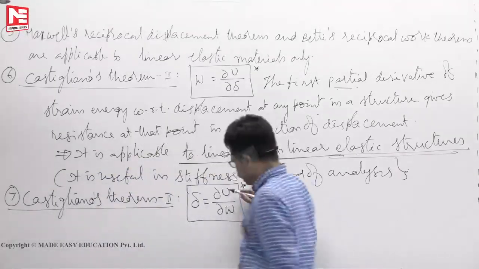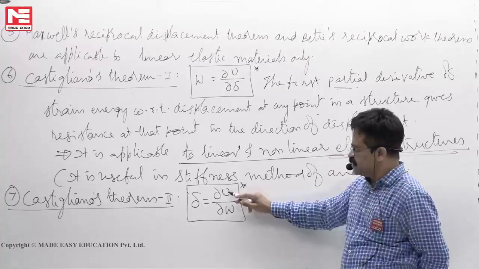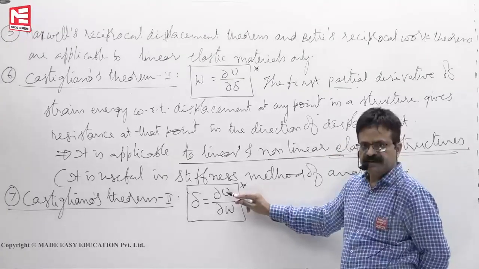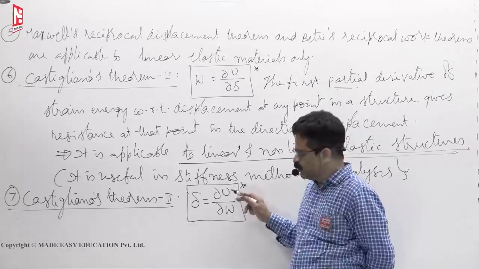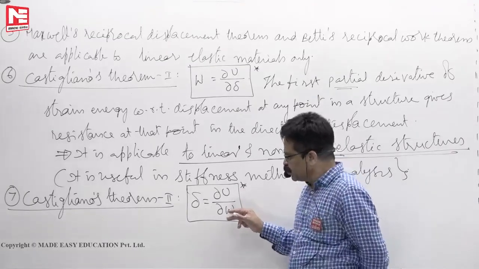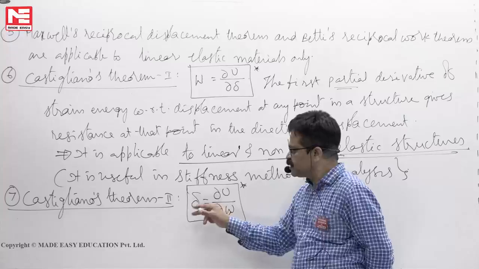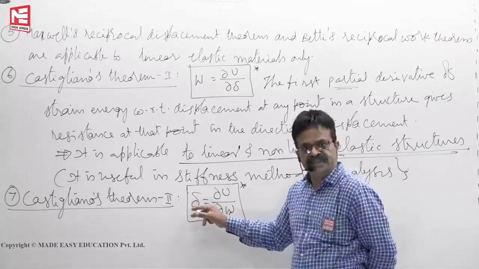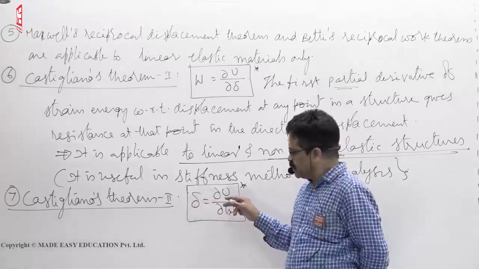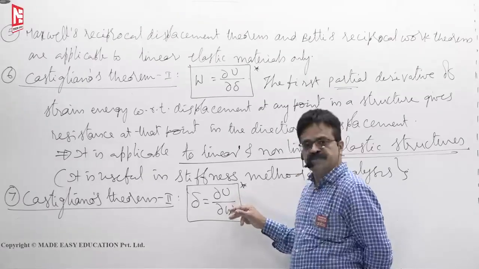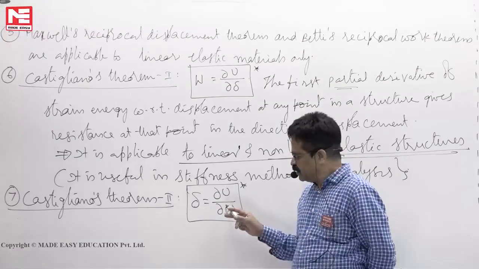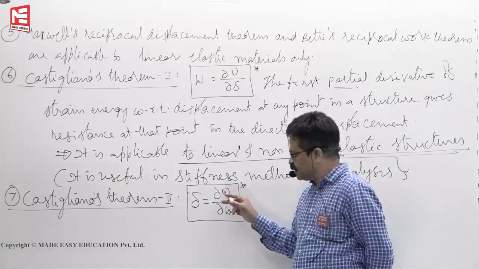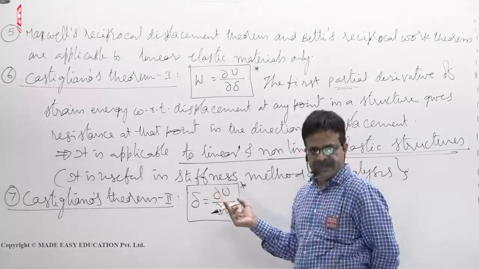First derivative of energy, this is now potential energy we call it. We take it as potential energy or complementary energy, with respect to load at any point, gives you the displacement at that point in the direction of the load. Since you are writing energy in terms of loads, we call it complementary energy. In textbooks we see U as the complementary energy.